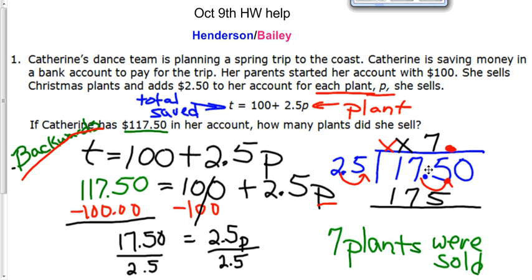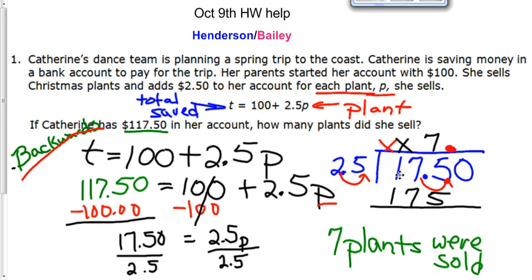I had 1750 divided by 2 and 5/10. I couldn't divide with the decimal on the outside, so I moved it to the wall to make it a whole number. Whatever I did to the outside, I did to the inside. If you look at the red arrow, I moved it over one place. Now, this division is not as hard as you think, because 25 is the same thing as a quarter.